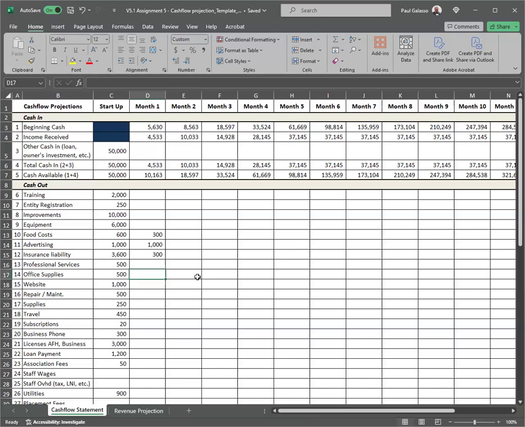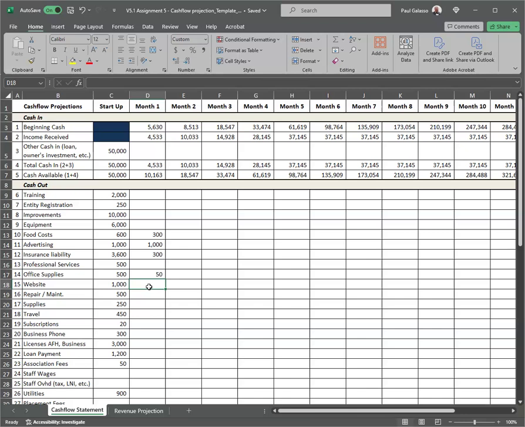Now we get into office supplies. These are going to be the consumables like ink or pens, paper, anything like that. I'm going to just do something simple and have $50 a month for those office supplies. Now we get down to the website. Like I mentioned, when we did the startup phase, we went ahead and spent $1,000 on the website build.